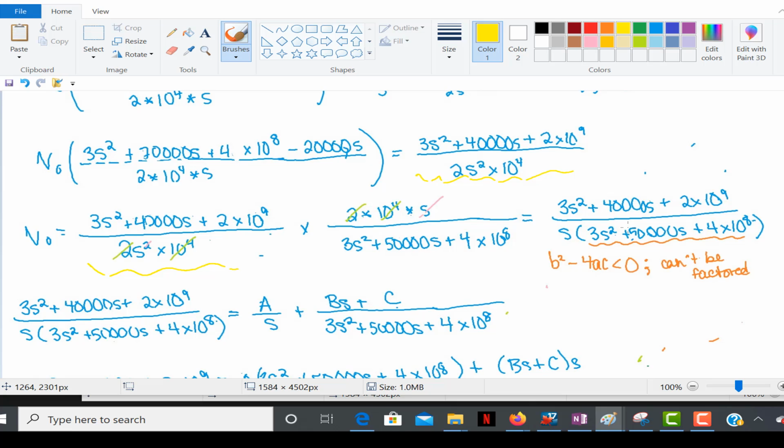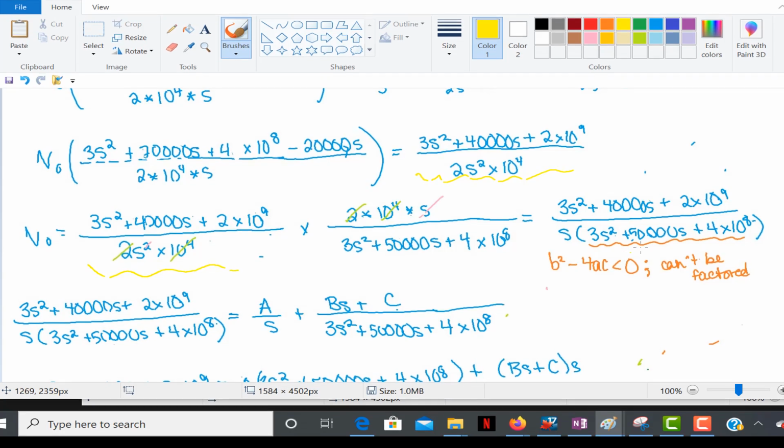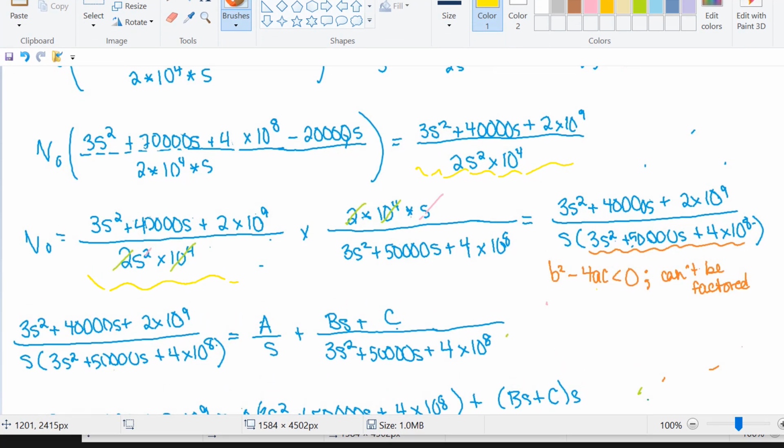So first I just check to see, does it have any real roots by checking the discriminant of the quadratic formula, the b squared minus 4ac. I got a negative number, so it doesn't have any real solutions, so that quadratic can't be factored. Okay, so that means my denominator has two irreducible factors, so it can be decomposed into two fractions.